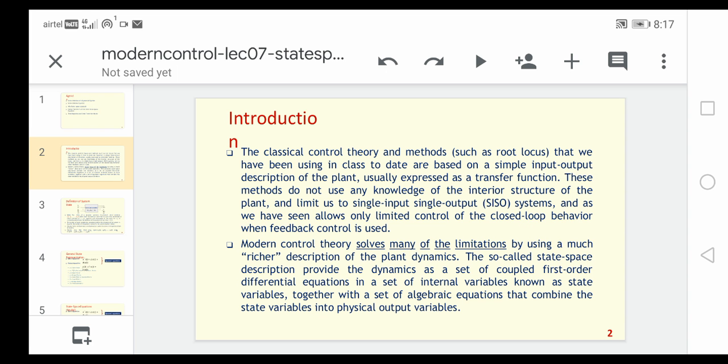The advantages of state space analysis are that it can be used for multiple input multiple output systems, non-linear systems, and linear time variant systems also. So we prefer state space analysis.